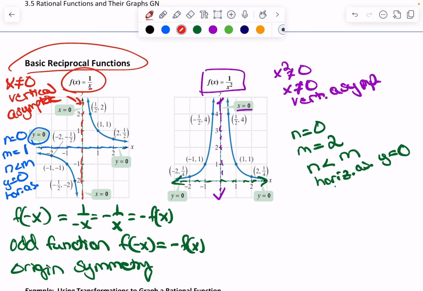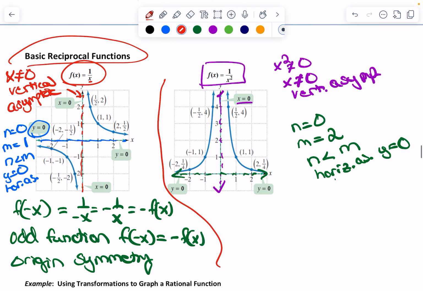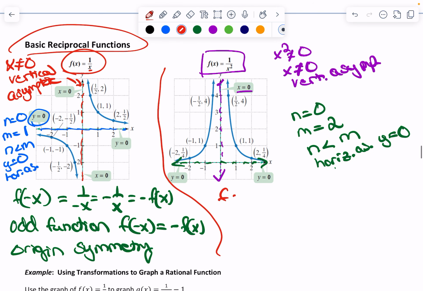Okay, we're going to do the same thing we did on the other one and see what happens when we plug in negative x. So 1 over negative x inside the parentheses squared becomes 1 over x squared, which is the same thing as f of x.